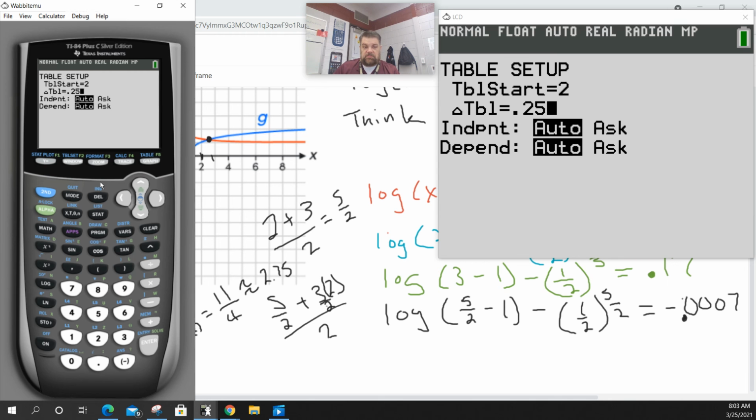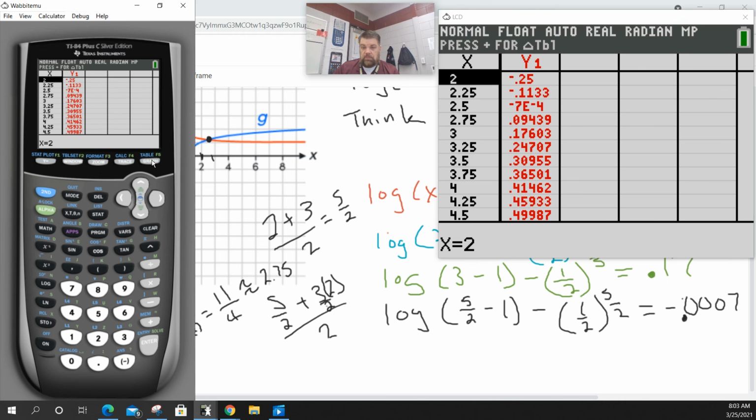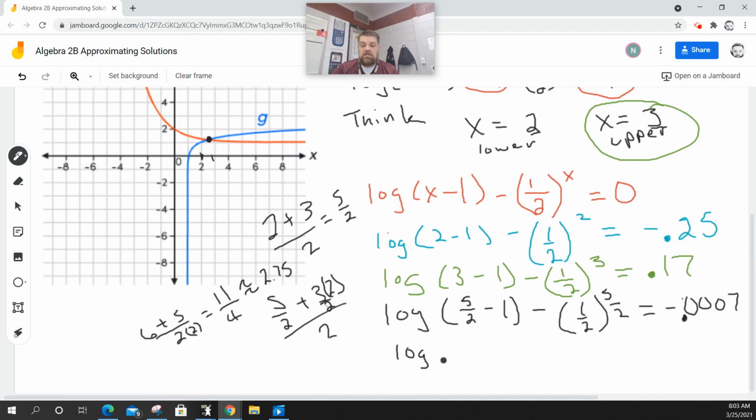And then I hit the table. And so now I get this value. So in other words, I said log of 11/4 minus 1 minus 1/2 raised to the 11/4.